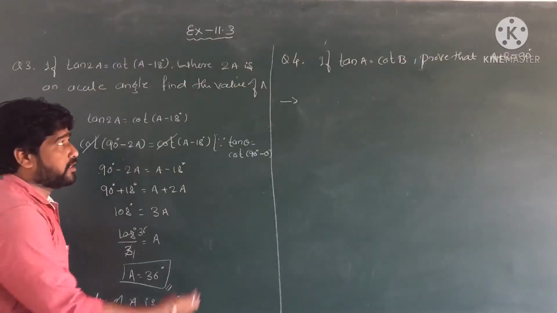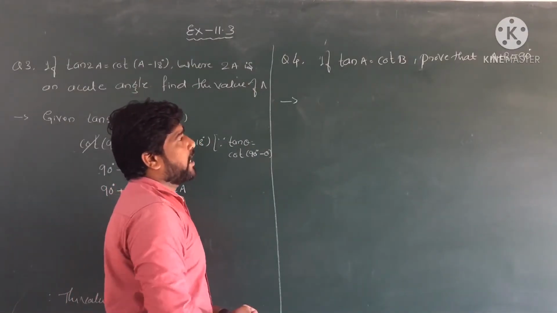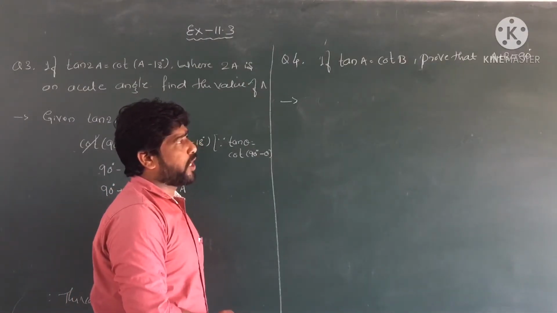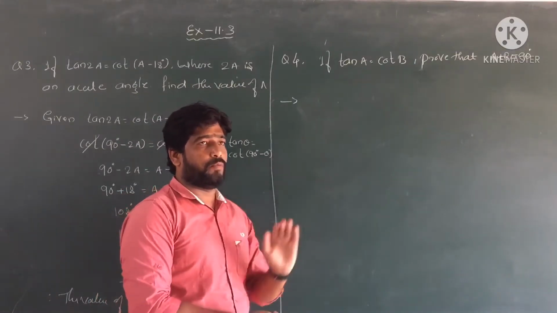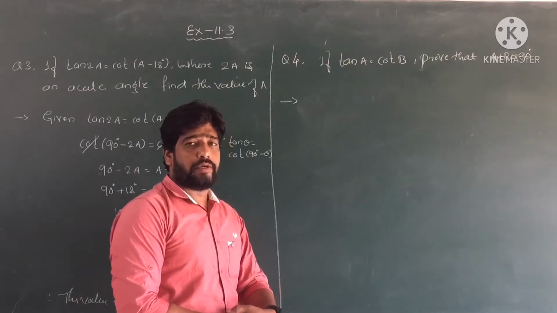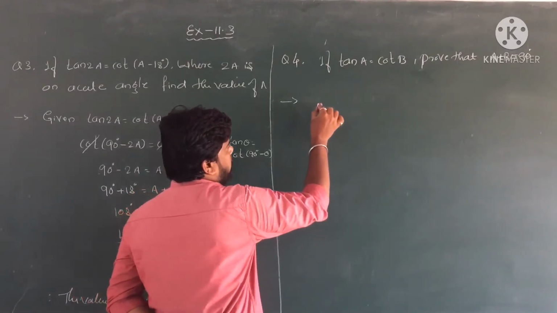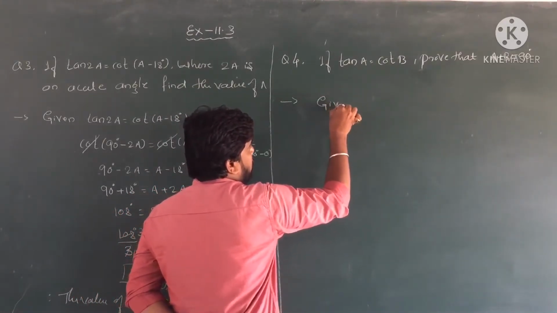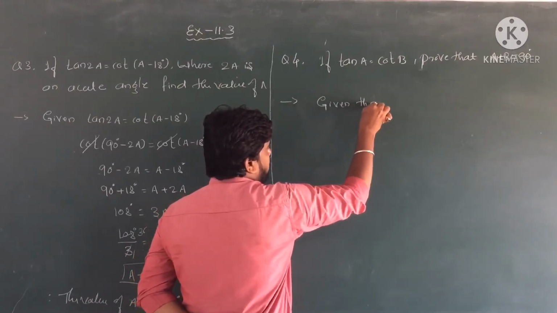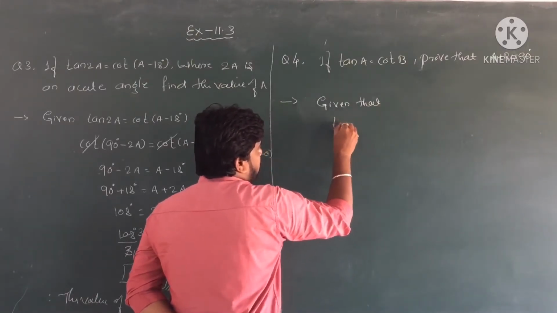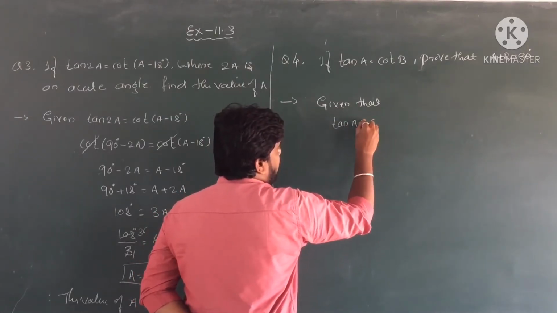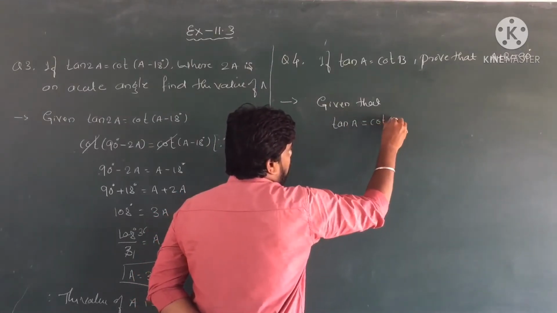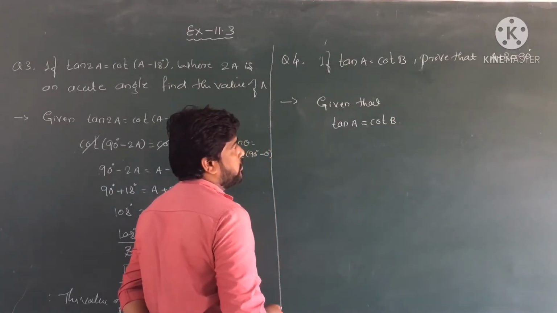Right. So next, the fourth one. If tan a is equal to cot b, prove that a plus b is equal to 90 degrees. So here we want to prove a plus b is equal to 90 degrees. So first write down given that tan a is equal to cot b, right?